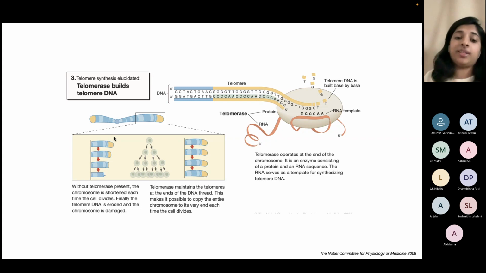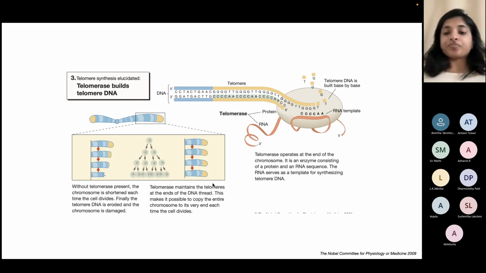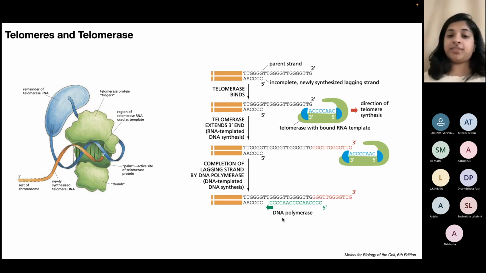So say this enzyme did not exist. Then with every cell division, the chromosome is shortened and ultimately reaches a phase wherein it is damaged and cannot replicate any further. However, if telomerase is present, then it maintains this telomeric region through many generations and replication is continuous. So how this enzyme operates is again very interesting.